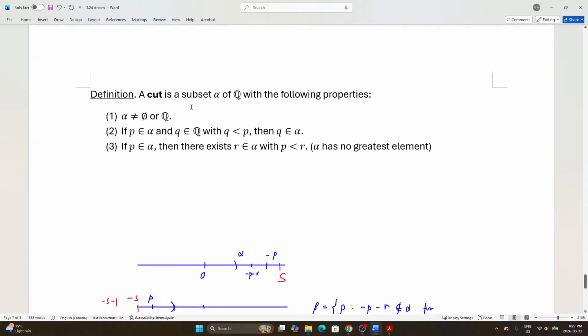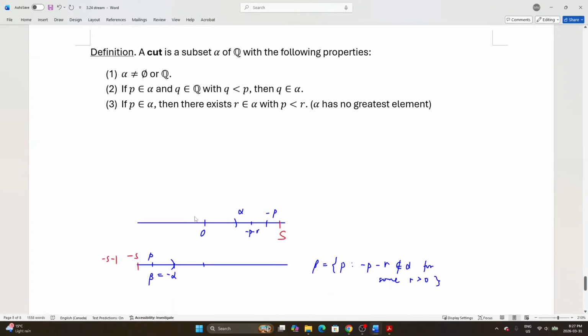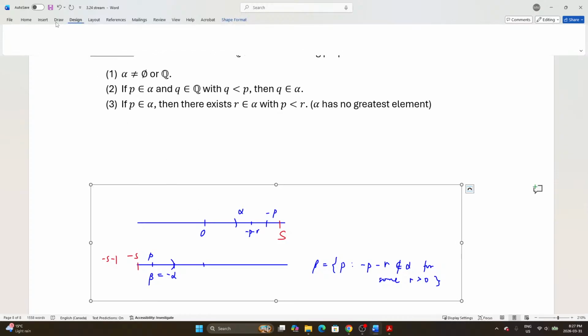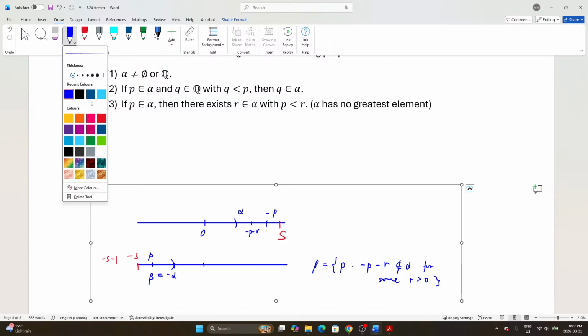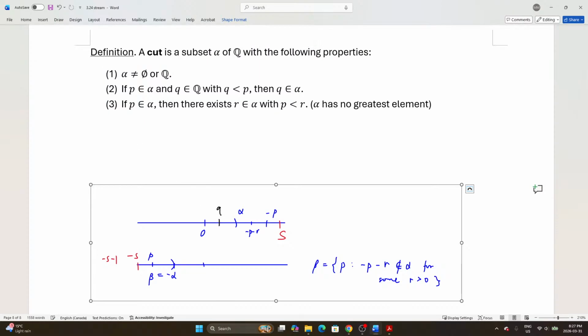So let's think about something that is in alpha. Based on the picture, let's say Q is here. Let's use a different color. So imagine Q is here, so minus Q should be here, and minus Q should not be in beta.